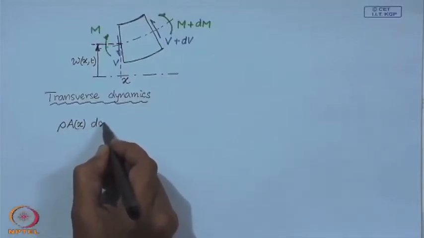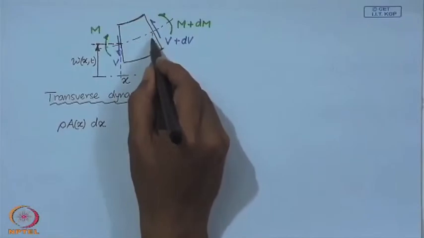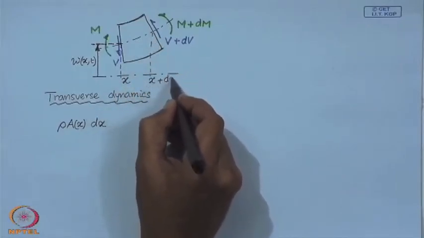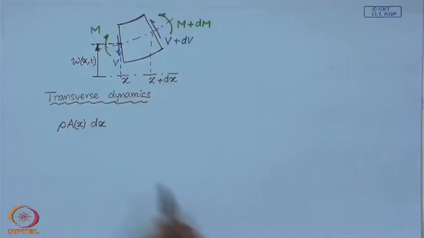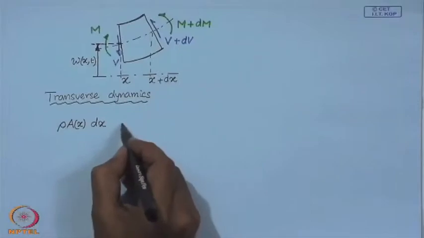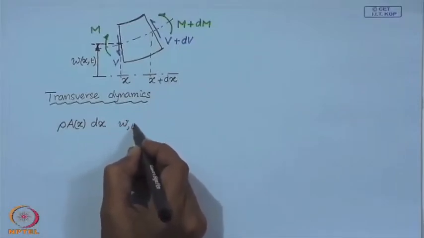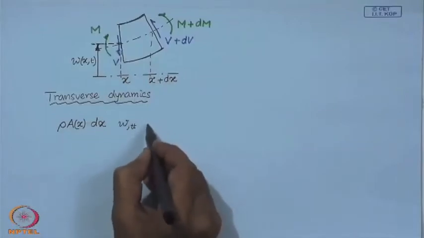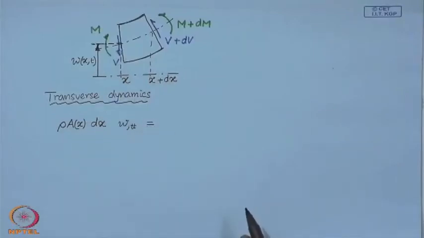So, into dx, which is the length of this element, then this is the mass of this little element times its transverse acceleration must be equal to.